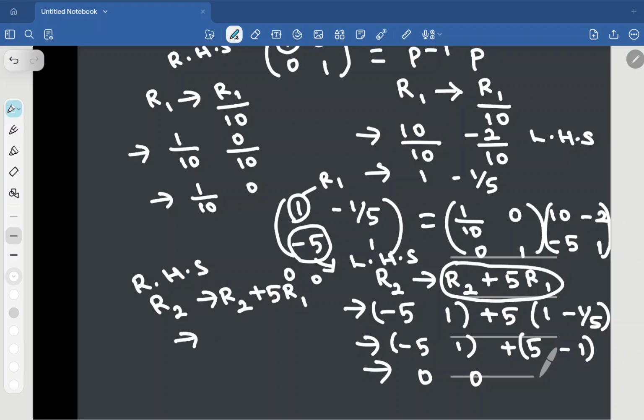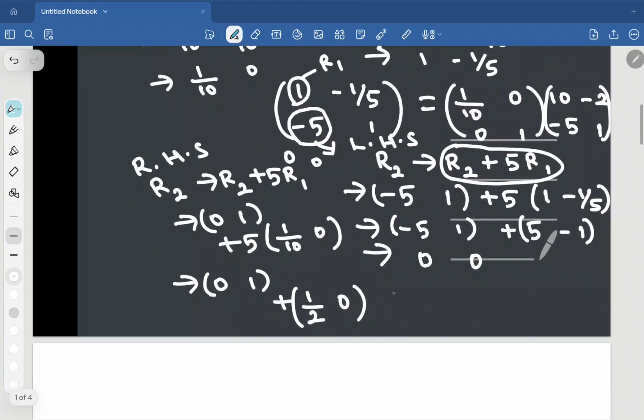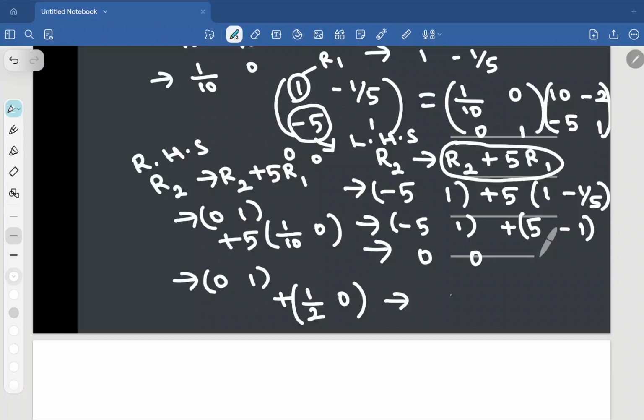What is R2? 0 1, plus 5 times 1 by 10, into 0. This is 0 1. 5 into 1 by 10 is 5 by 10, that is 1 by 2, 0. This implies 0 plus 1 by 2 is 1 by 2, 1 plus 0 is 1. This is for RHS: 1 by 2, 1. This is for LHS: 0, 0.